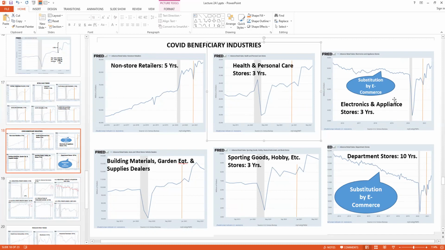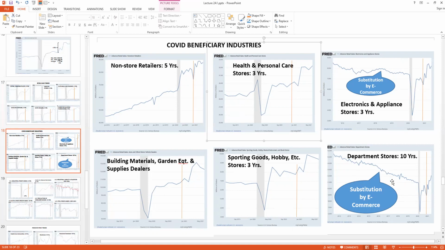Electronics and appliance stores have suffered. You can see the decline because the e-tailers have increased their sales. But when the pandemic occurred, even their sales took off because people ran to their stores to get computers and other devices that they could use working from home.